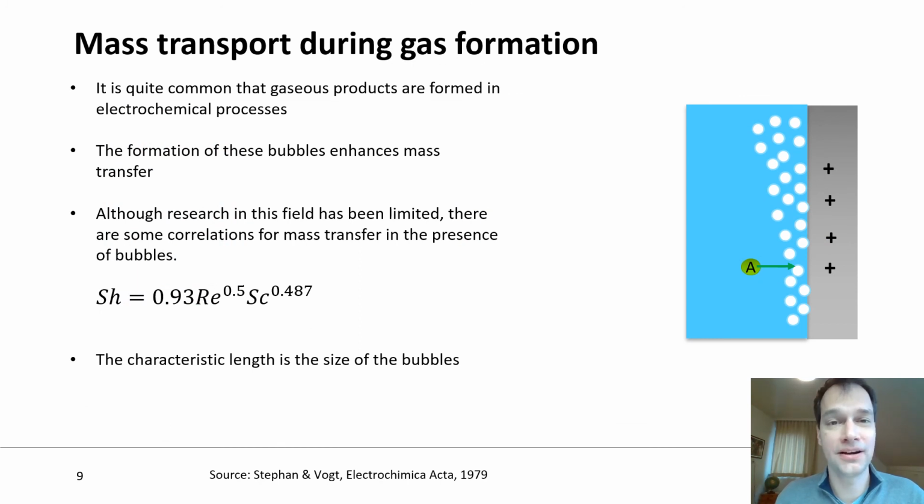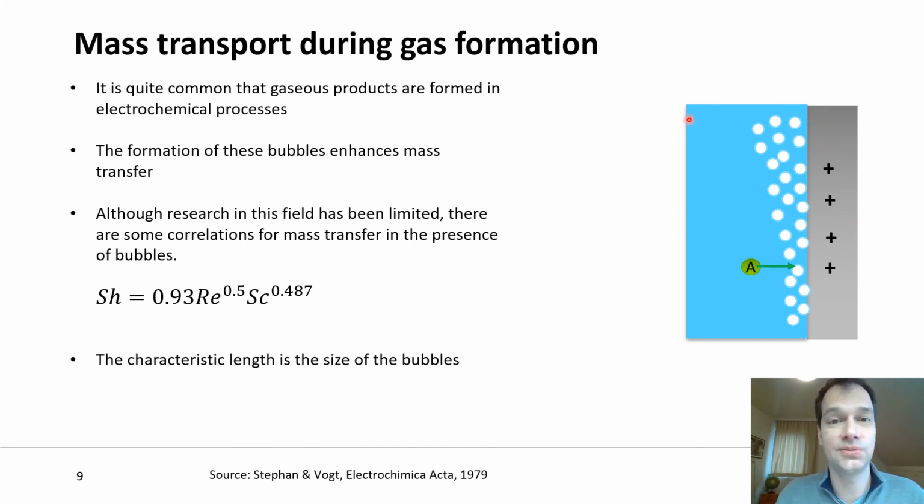To close this part on mass transport in the absence of migration, I would like to briefly discuss mass transport in the presence of gas formation. Gas formation is quite common in electrochemical systems. It's either at the anode or cathode you can have a gas forming reaction.